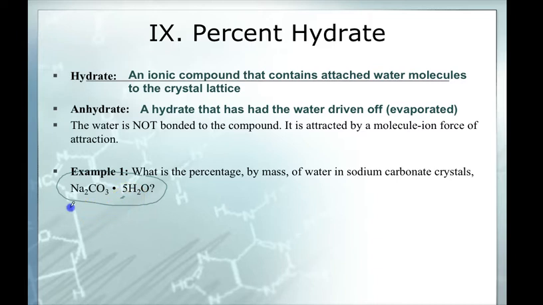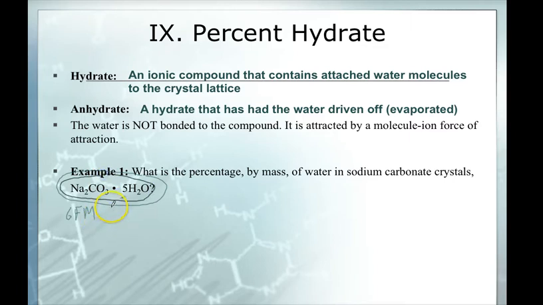So the first step you have to do is you have to still figure out what's called the gram formula mass. Let's just go to black. So the gram formula mass, and when I say the gram formula mass, you have to do this entire compound here.